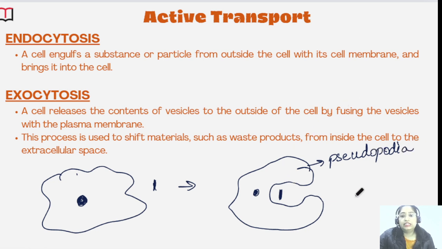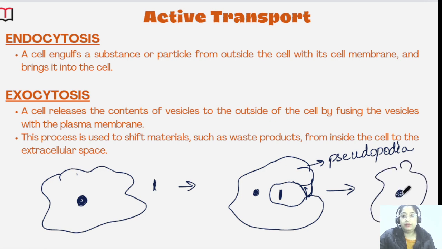So it traps the food particle like this, and it will make a food vacuole surrounding the food particle. This is endocytosis. It's engulfing the food particle and bringing it into the cell. This is the endocytosis process.